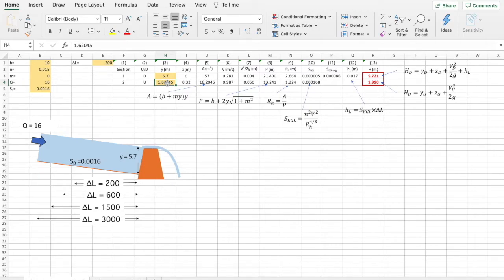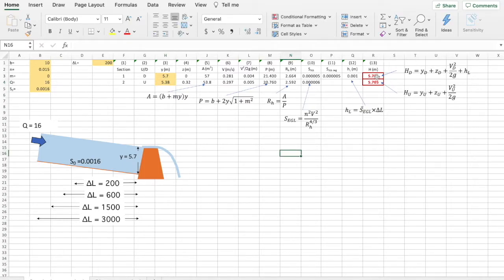Since we have known that the depth decreases as we move upstream, the value should be less than 5.7. So after doing several tries, we can determine that the water depth at the first diversion section is 5.38.